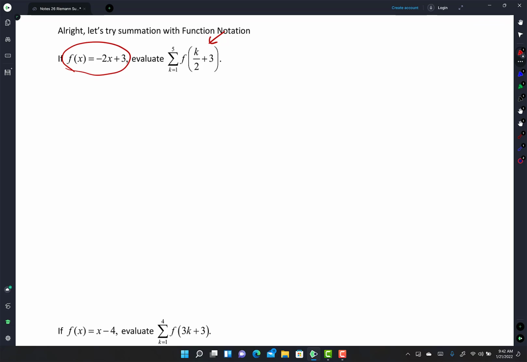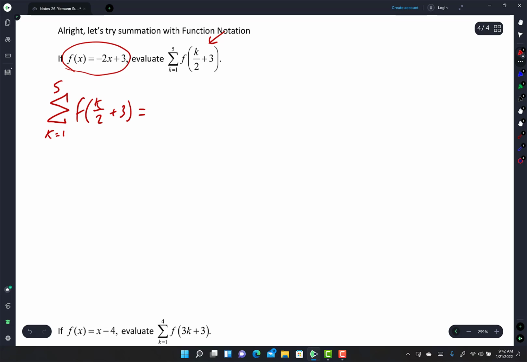So here we go. I'm going to go sigma from k equals 1 to 5 of f of k over 2 plus 3 equals, here's the first one, f of half plus 3, close it, plus f of, let's see, 2 over 2 plus 3.